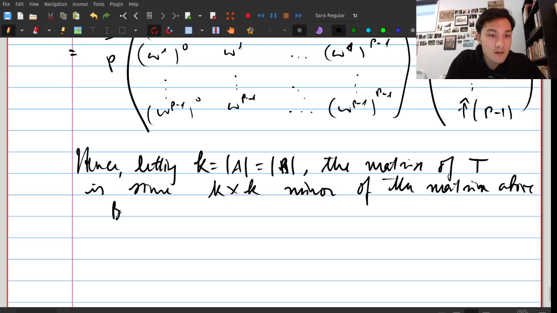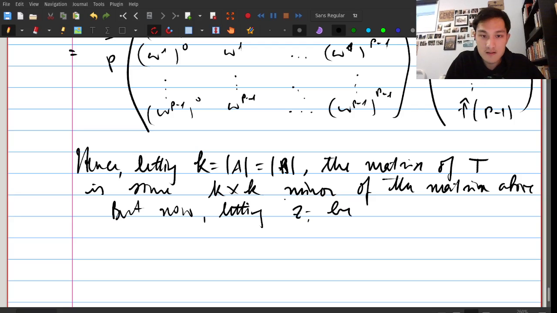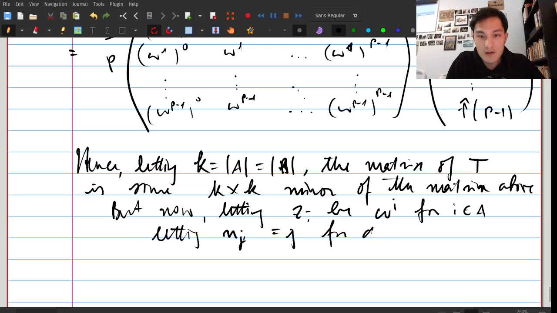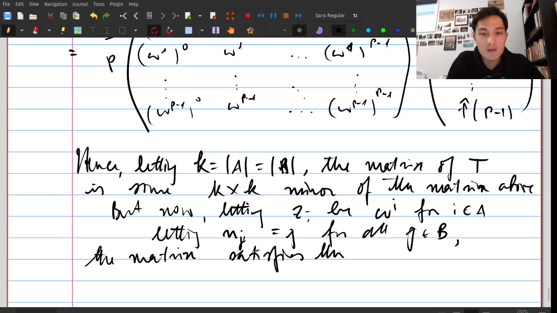But now, letting the z_i be omega to the i for i in A, letting n_j equal j for all j in B, the matrix satisfies the hypotheses of Chebotarëv's lemma.